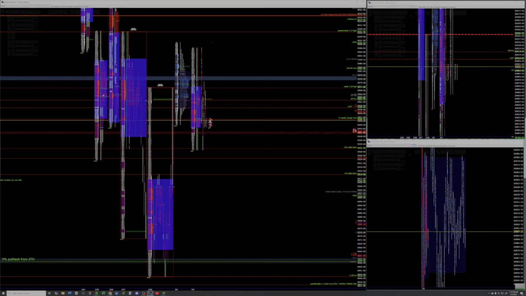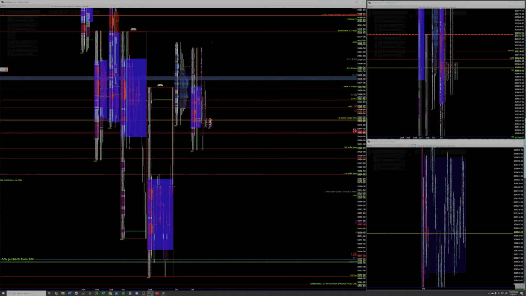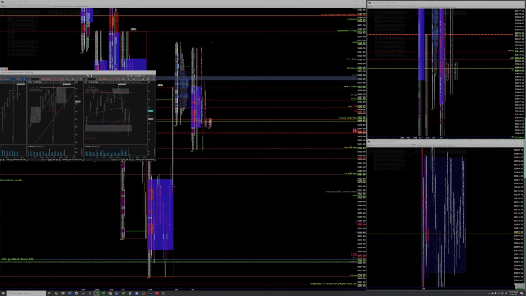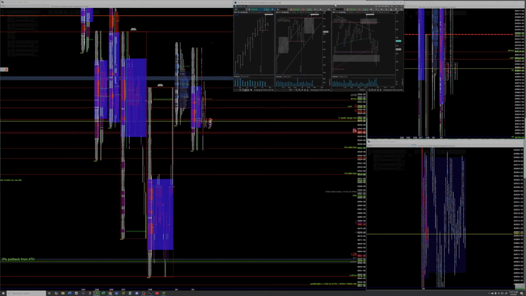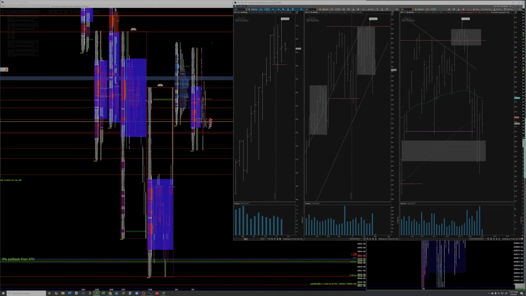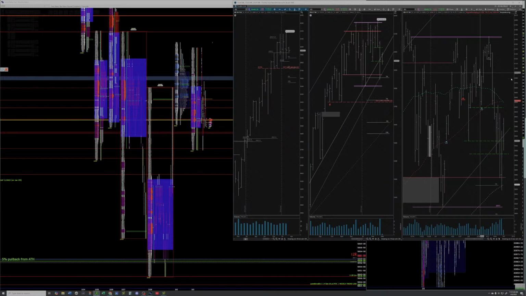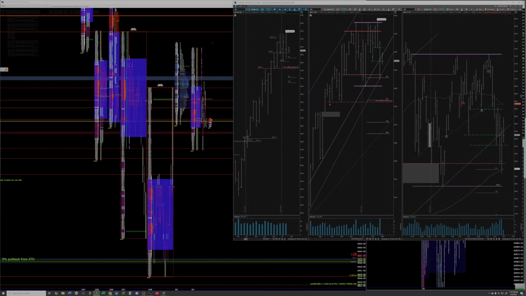Now, if I am going to check only market profiles or some short-term trading chart, it's not going to make too much sense. But once I check my multiple time frame charts, I have the monthly, weekly, and daily, right?